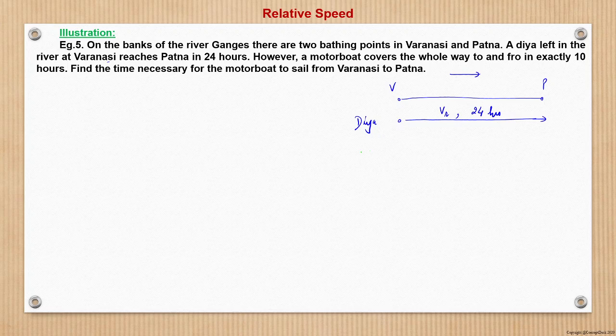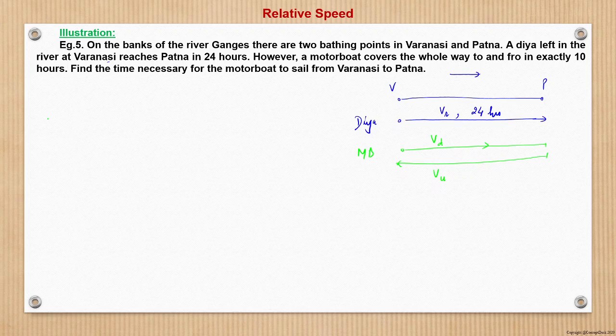So suppose the motor boat starts from here, goes to Patna and comes back. It goes here downstream at velocity Vd, and it comes back at a velocity upstream, Vu. In total it takes 10 hours.